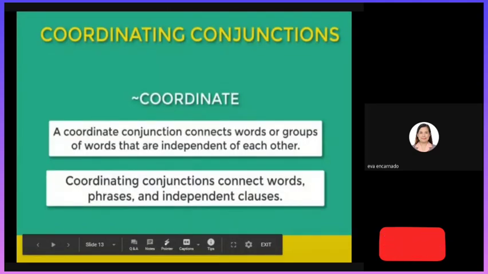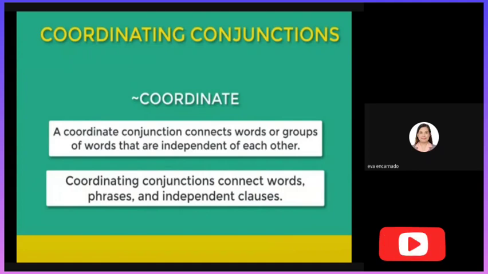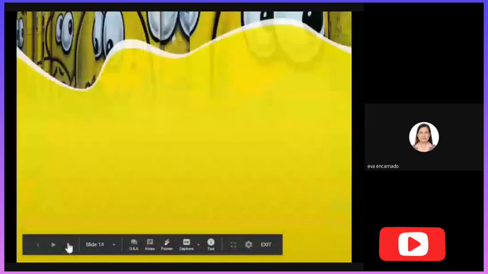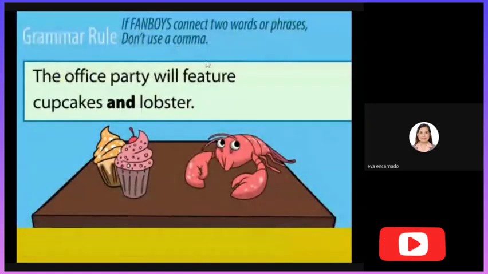All right. So, what is a coordinating conjunction again? Coordinating conjunctions connect words, phrases, and independent clauses. So, look at this picture. The office party will feature cupcakes and lobster.